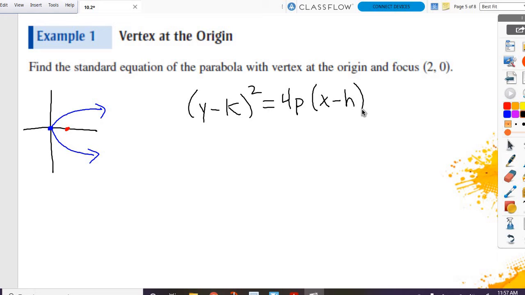But what did they tell us our vertex is? At the origin, which is at 0, 0. So what do we know that h and k are? 0. So this just becomes y squared equals 4px.